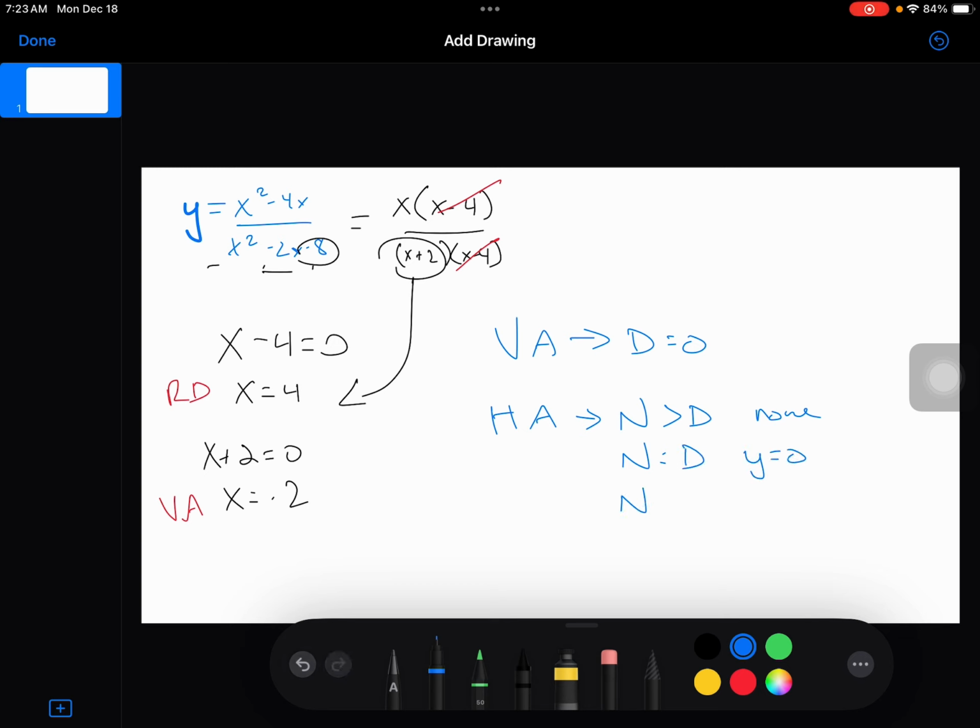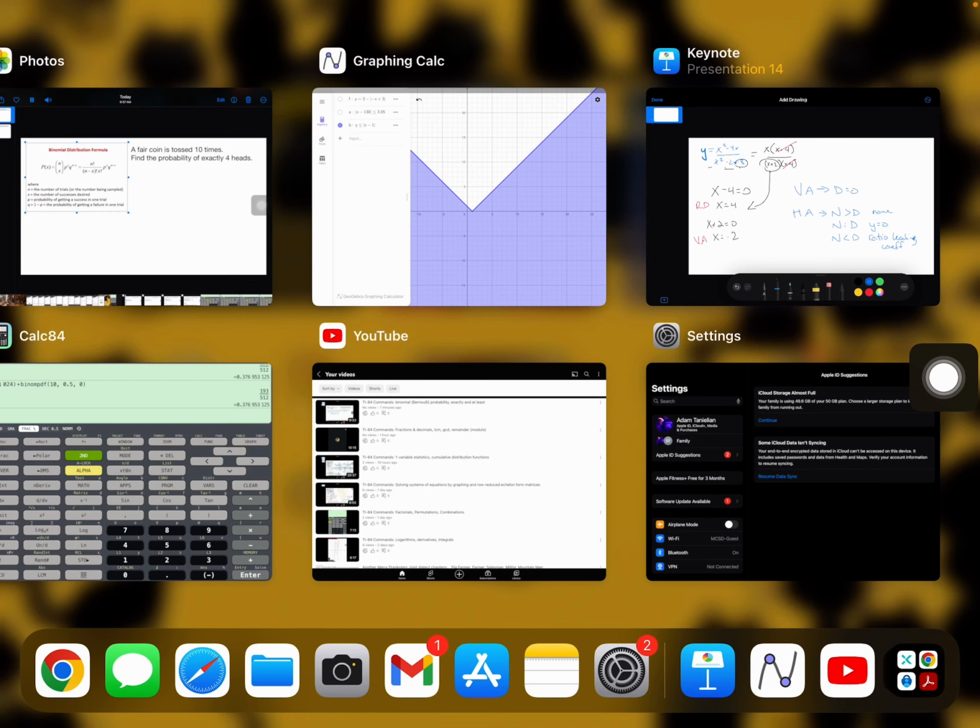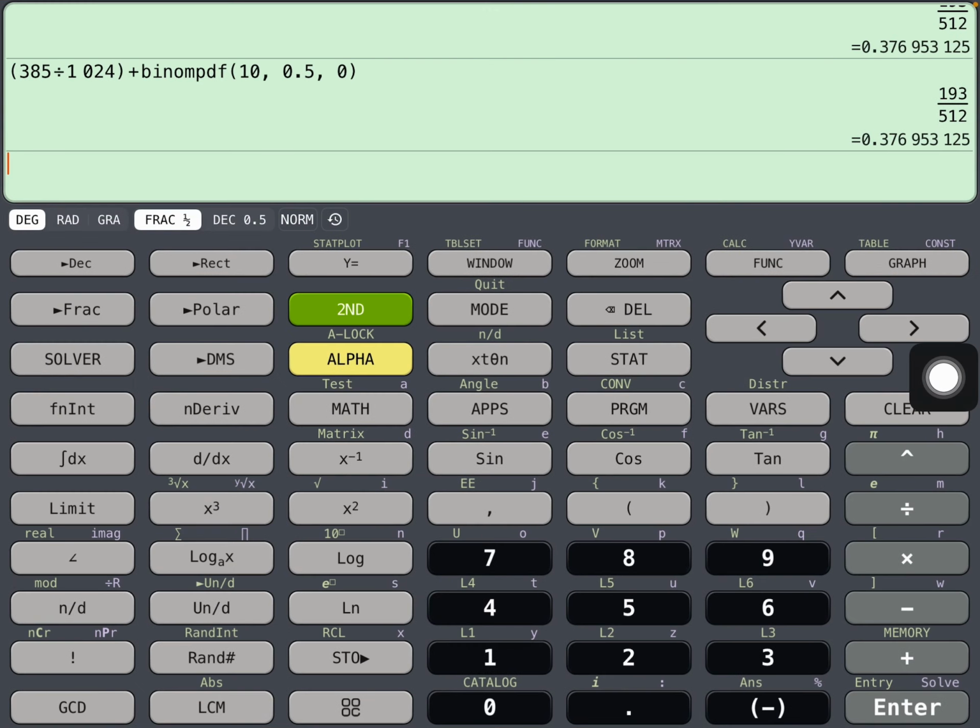And if the degree of the numerator is equal to the degree of the denominator, then it's the ratio of leading coefficients. So that's the by hand method there, or the old-fashioned way.